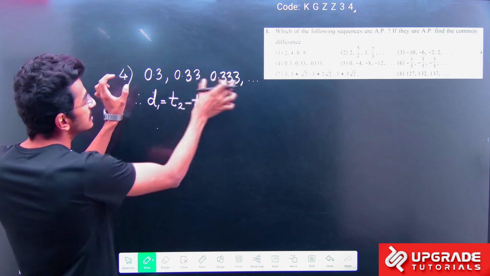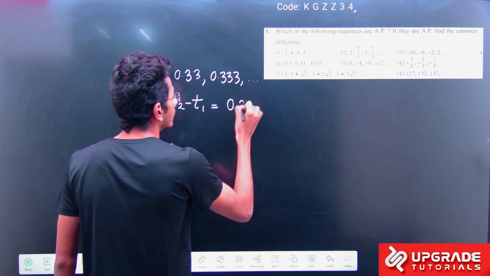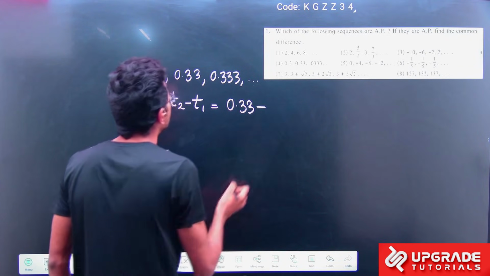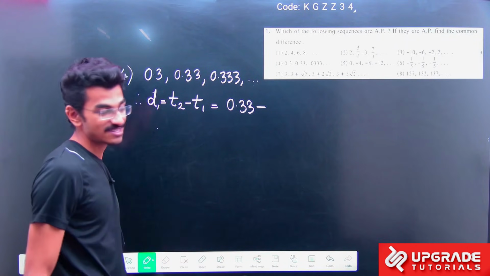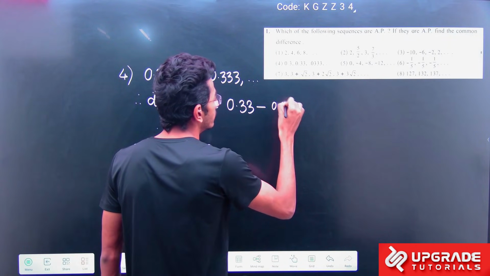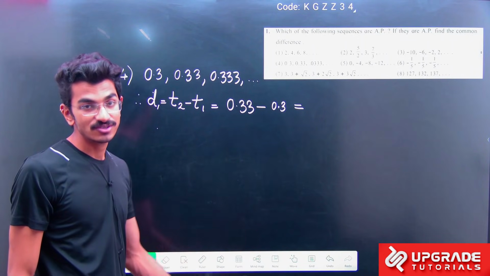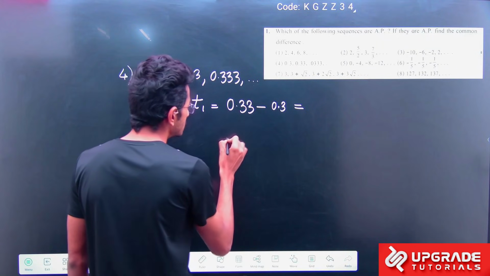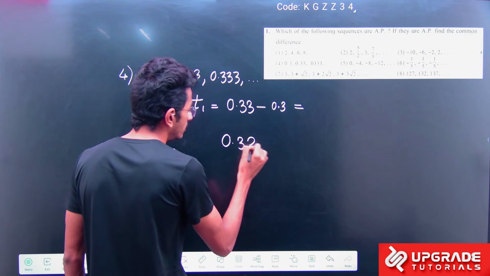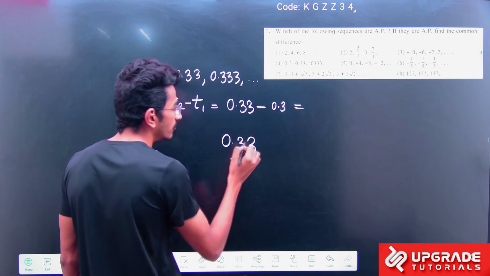So in this series, the second term is 0.33, minus 0.3, which is the first term. So how to do the decimal subtraction? Many people get confused. Just write the first number, and below it write the decimal point of the second number.